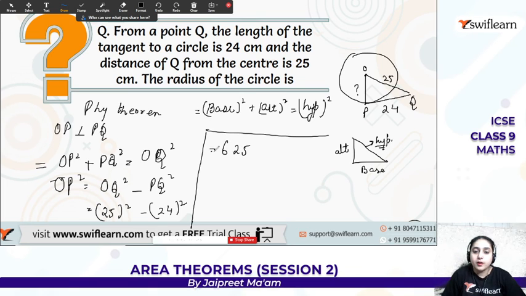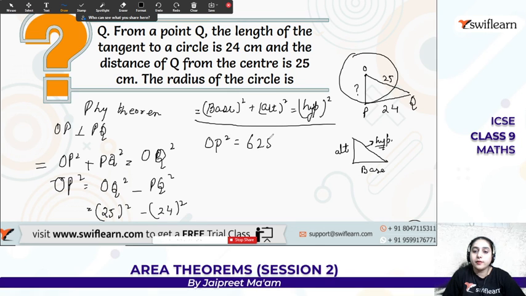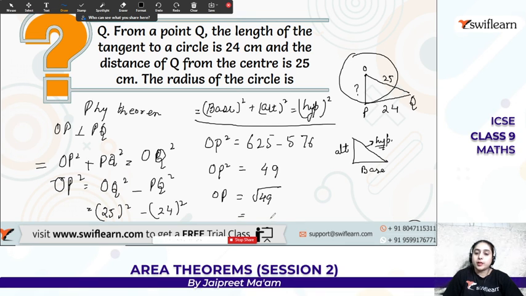So OP square is equal to 625, and we have to take away 576, and the answer is equal to 49. So OP square is 49, and the square root of 49 is 7 centimeters. So we have found the length of the radius OP, which is equal to 7 centimeters.